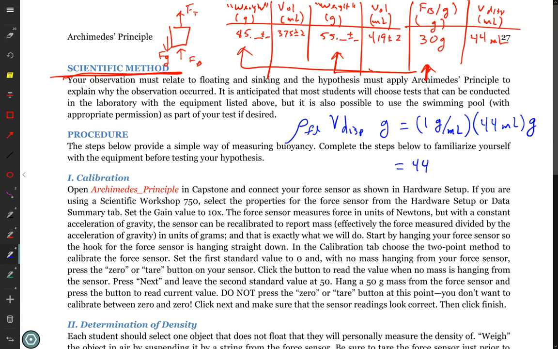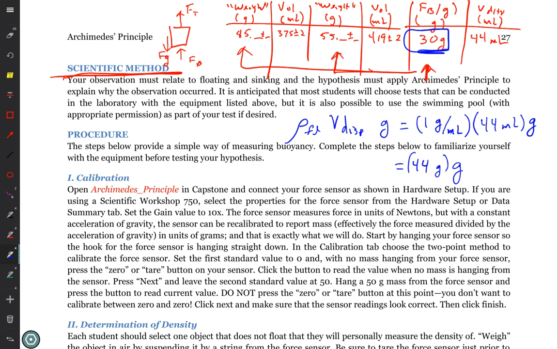You notice it says in the lab guide, numerically, it's the same number because my density was 1 gram per milliliter. 44 grams multiplied by g should be my density of the fluid times volume displaced times acceleration of gravity. That should equal the buoyant force, which would be 30 grams times g.